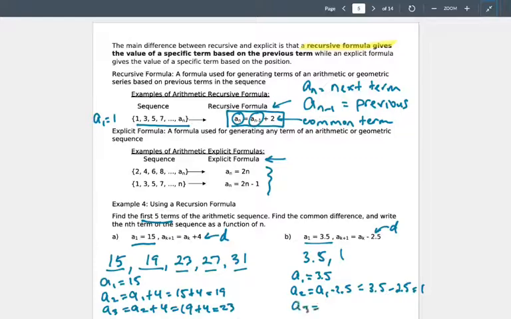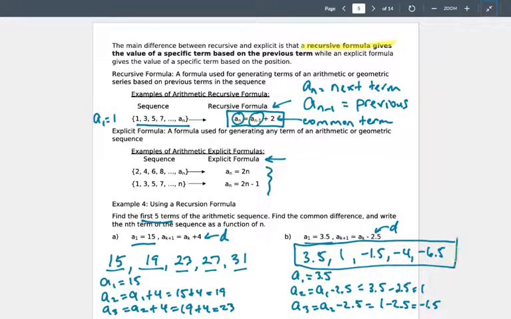To get the third term, I'm going to take the second term and subtract 2.5 from it. So that would be 1 minus 2.5, which is negative 1.5. And then I'm going to just continue that pattern. So I'm going to subtract 2.5 again. That'll be negative 4. Subtract 2.5 again, and I get negative 6.5. So these are the first 5 terms with that formula.